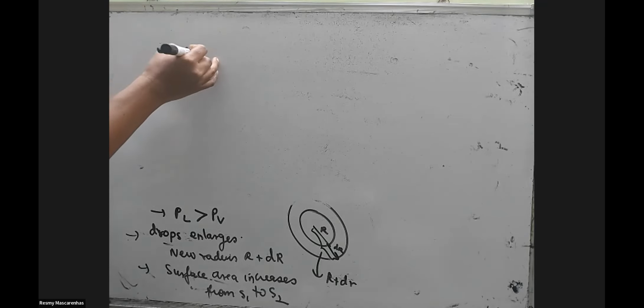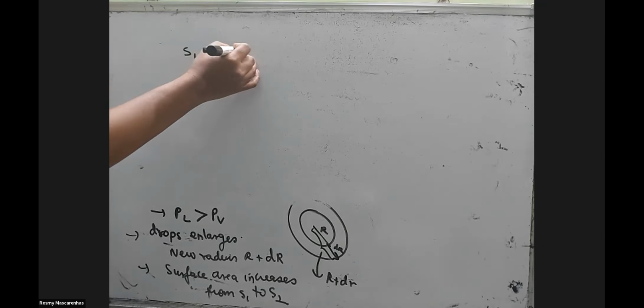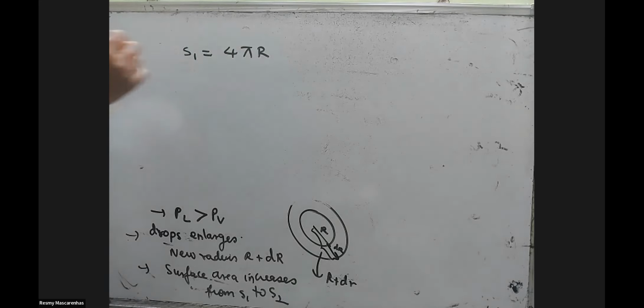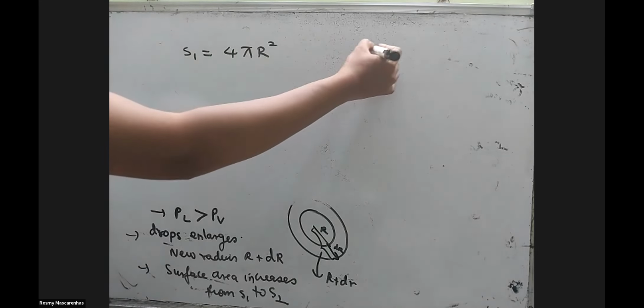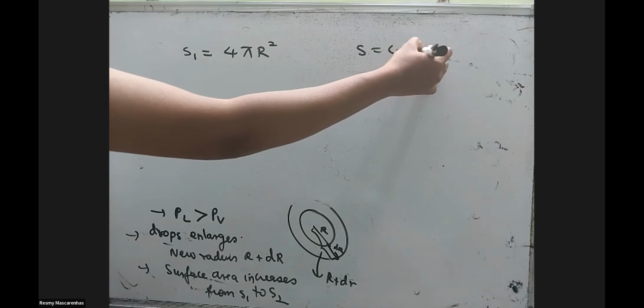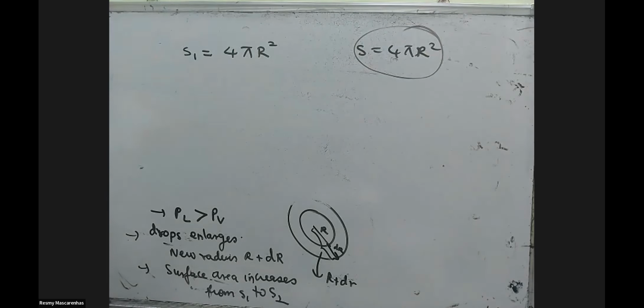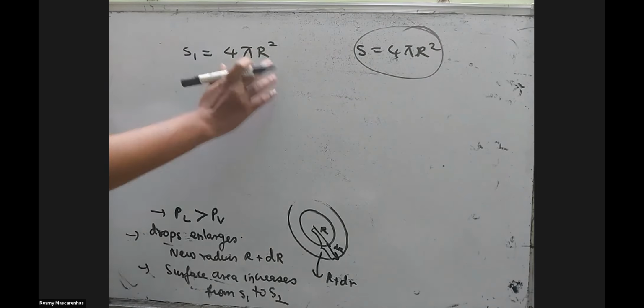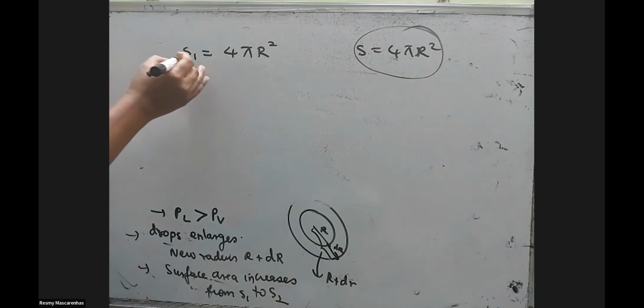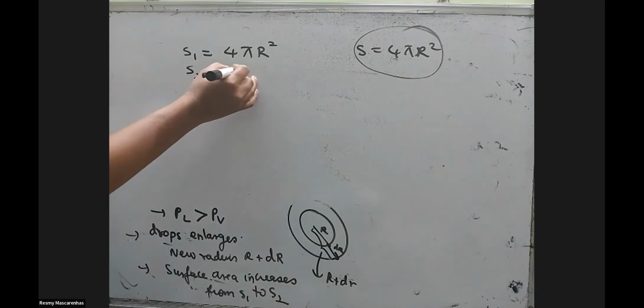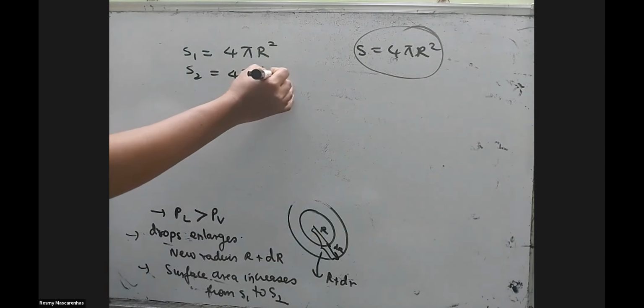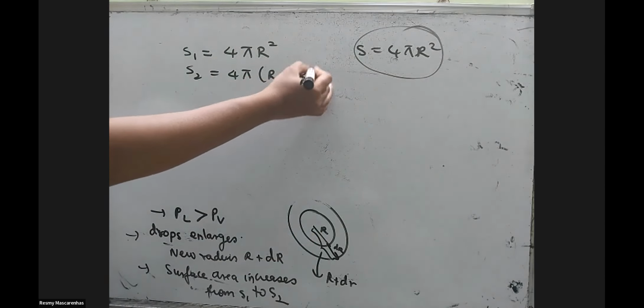S1, the surface area of a sphere, you know it is 4 pi r square. Since the original radius gives S1, what will S2 be? 4 pi, the new radius, that is (r plus dr) whole square.